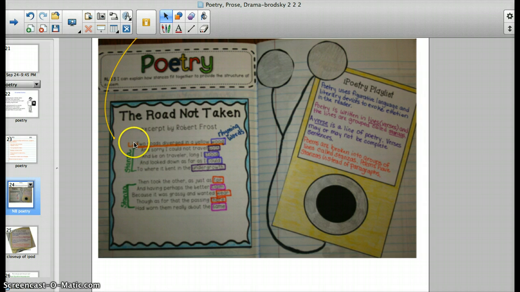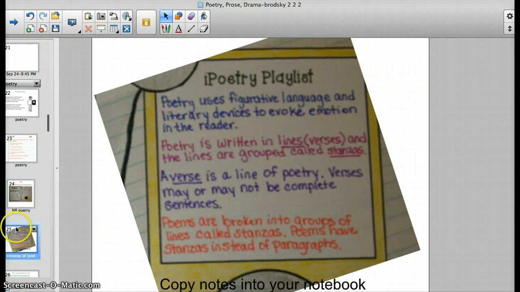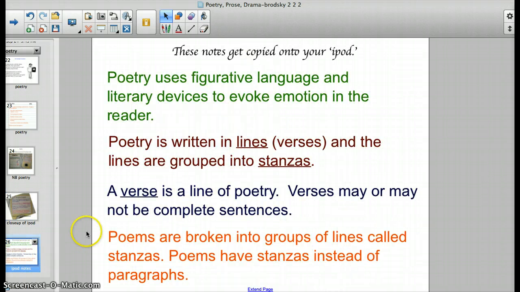Poetry is written in a variety of stanzas. Each stanza may have rhyming words together. The stanzas may be grouped for a specific emotion, things like that. When we're looking at our notes, I've got them typed up a little bit better here. We'll write these into our notes in a little bit.